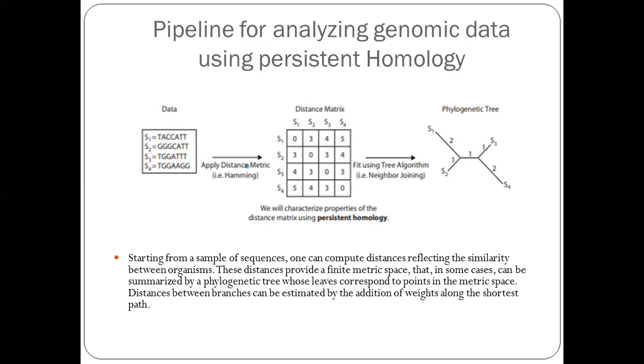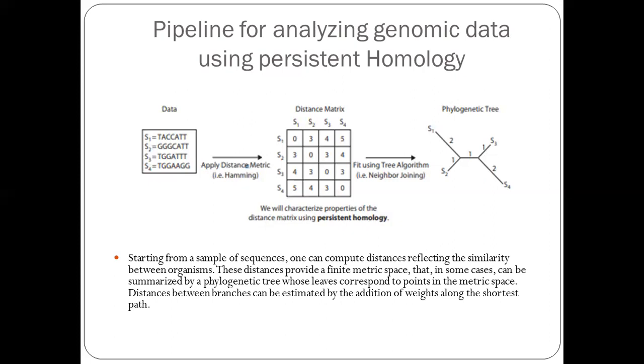In simpler terms, the pipeline for analyzing genomic data using persistent homology is given in the diagram, where the data is the sample whose sequences are namely S1, S2, S3, and S4. We compute the Hamming distance for each of these sequences with respect to every other sequence and create a distance matrix.